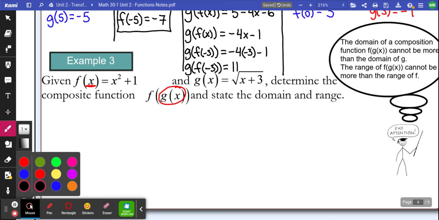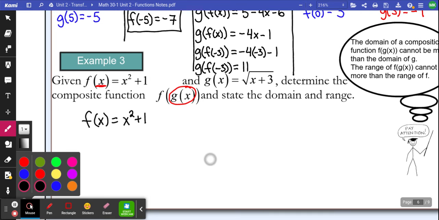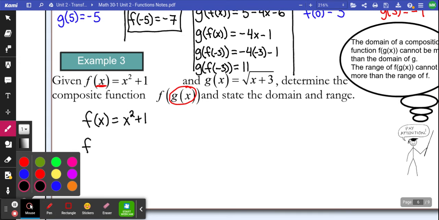So f of x equals x squared plus 1. Change it from x to g of x. So change x to be the square root of x plus 3.